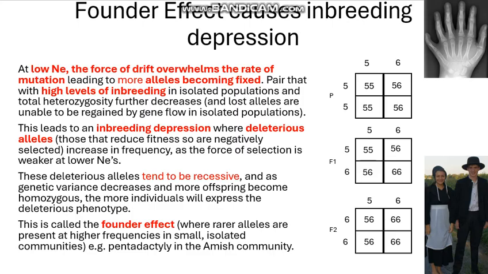Now this is where the inbreeding thing comes in. So for the parental generation, it doesn't really matter. They're probably not very inbred whatsoever. You've got a carrier of the genetic disease, and you have a healthy individual.